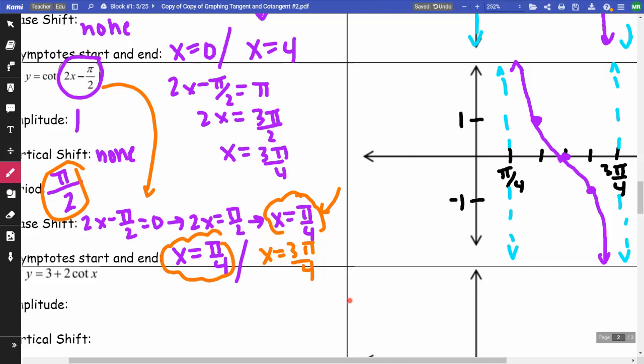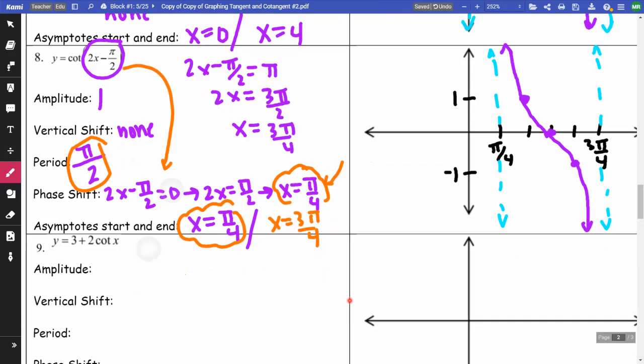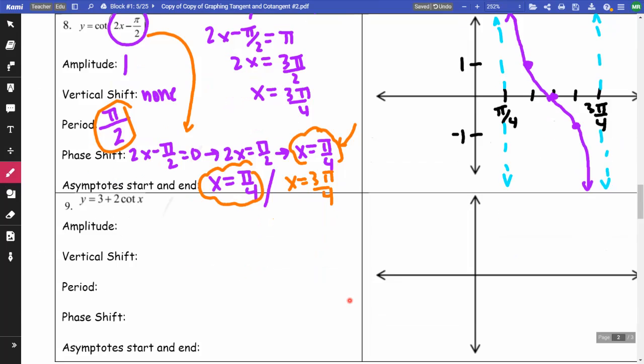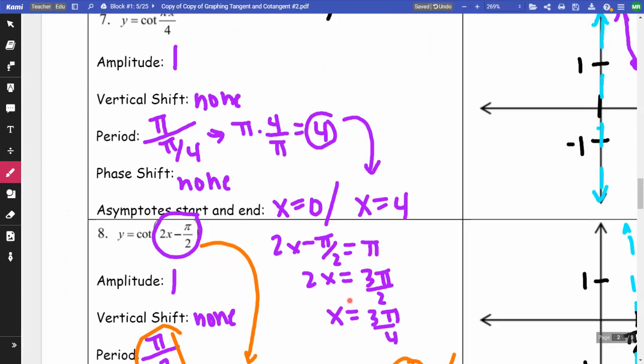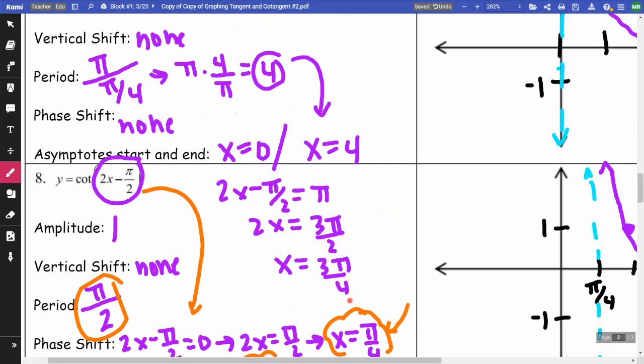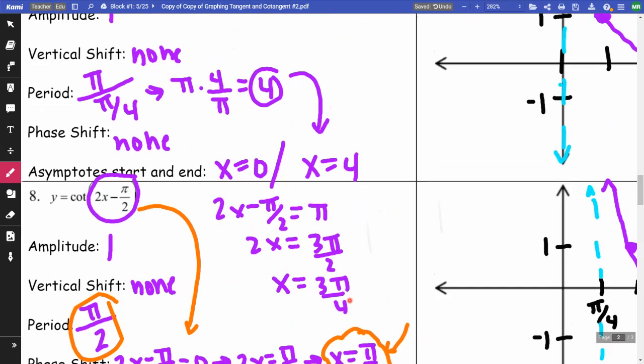On number 9, so this one again, this 3 you can think of as your vertical shift, like we did in this one. Freezing here.